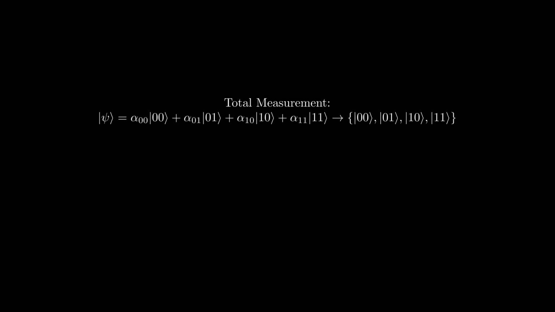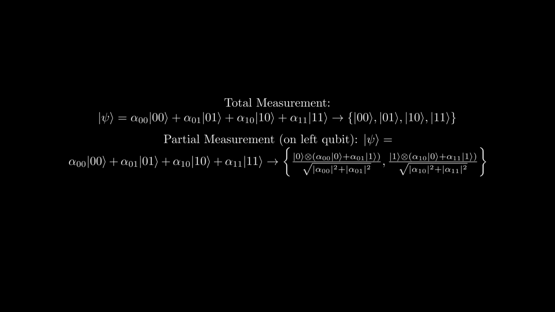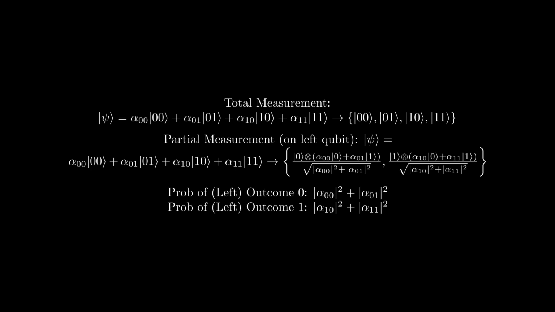However, what's more interesting is what happens when we measure only one qubit. This is known as a partial measurement. Mathematically, this means that rather than projecting our vector onto one of four basis vectors, we are instead projecting it onto one of two 2D subspaces. For two qubits, this gives us two different measurement outcomes that each occur with the following probability.